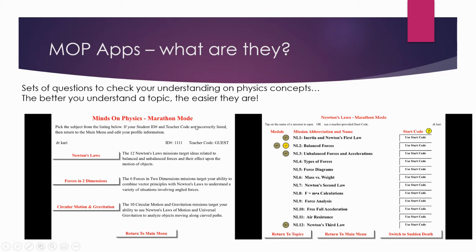Then when you go in to set up your app, you're going to enter your student ID number and your teacher code. And as it says here, if your student ID number and teacher code are incorrectly listed, then return to the main menu and edit your profile information. Once you're in the app and you've entered this information, it should always show up correctly here as your ID number and your teacher code, because it generates a specific success code when you finish a mission, and it will end up giving you that code.